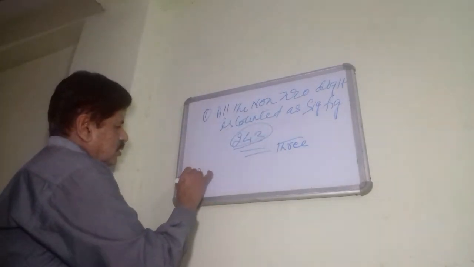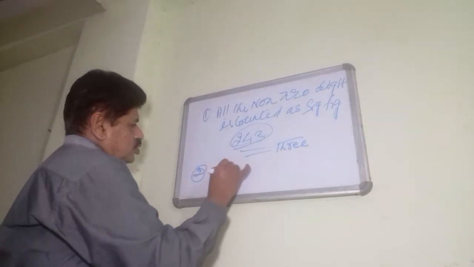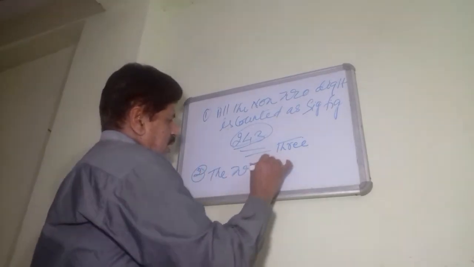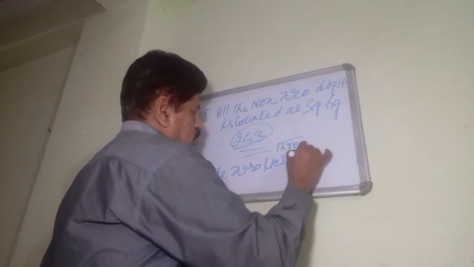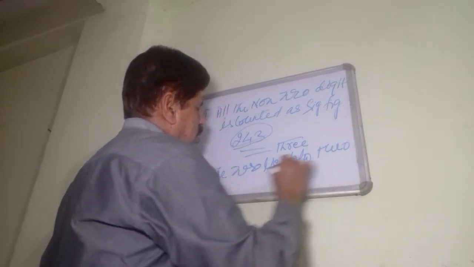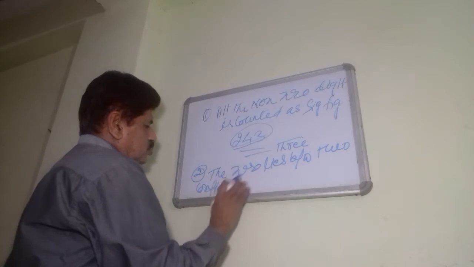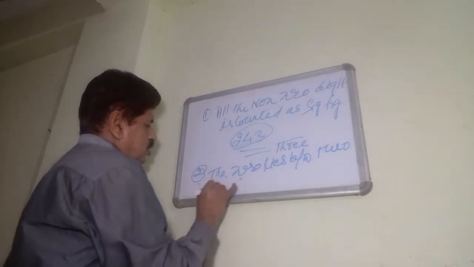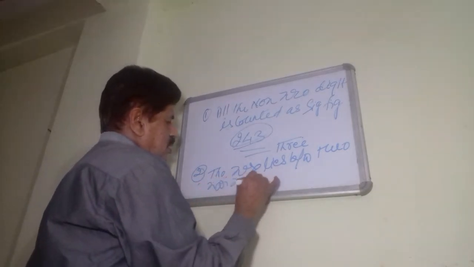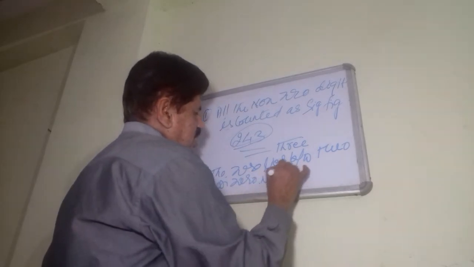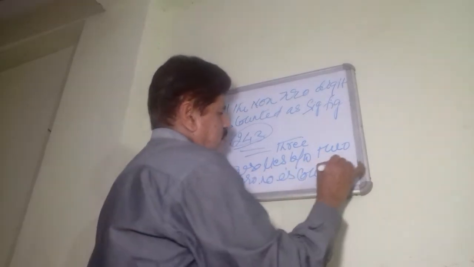Second, the 0 that lies between two non-zero numbers is counted as a significant figure.